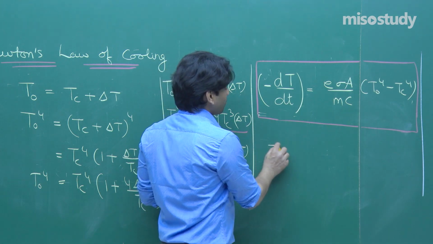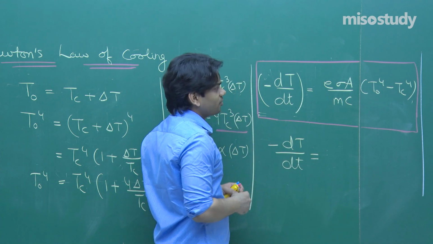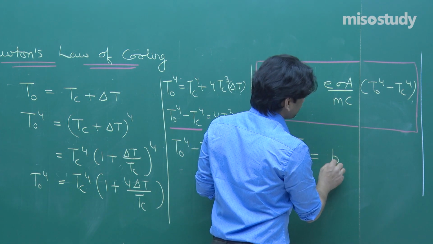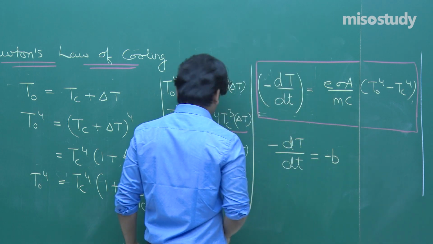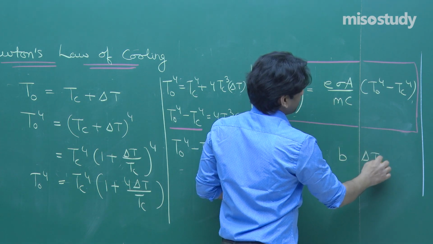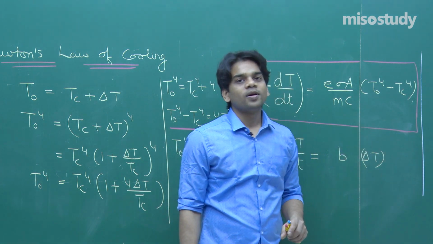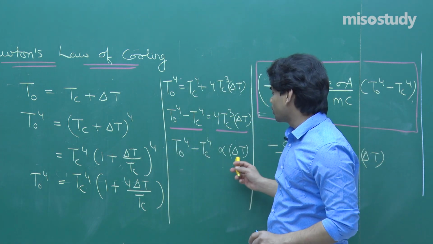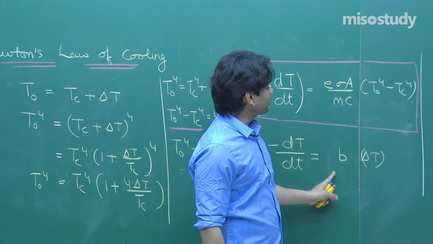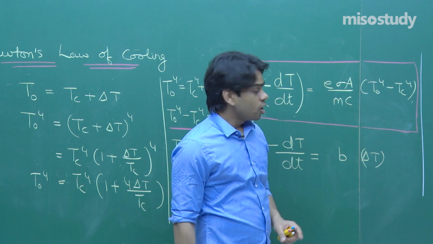We can write minus dT by dt is equal to a new constant, minus b, delta T. This is what we are going to get, because I have replaced T naught power 4 minus Tc power 4 by delta T since it's proportional to delta T. If the temperature difference is small, we can replace all these constants with a single term, b delta T. What is this delta T?